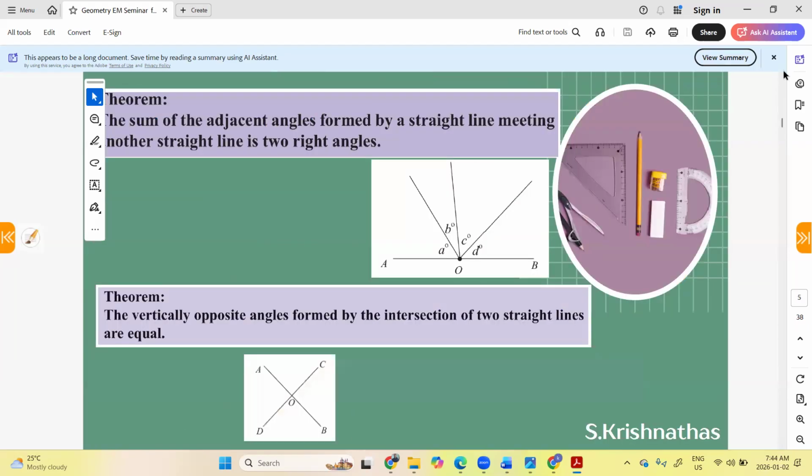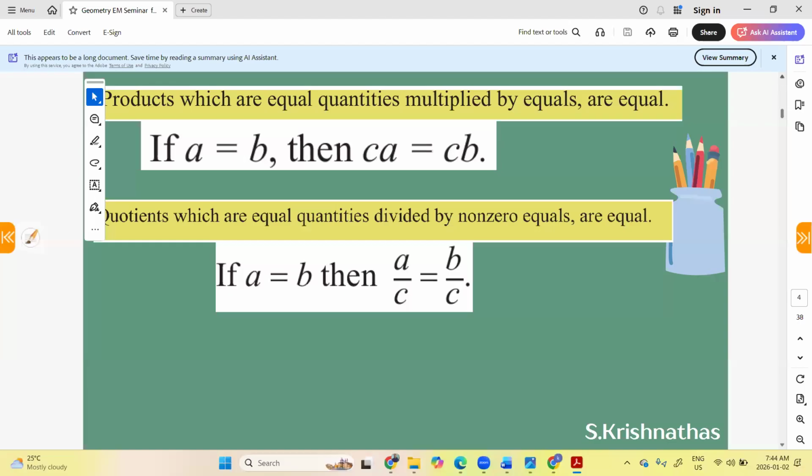Next one. Products which are equal quantities multiplied by equals are equal. That means, students, if A equal to B, I multiply A by C, B by C. Then both are equal. If A equal to B, then A times C and B times C are equal.